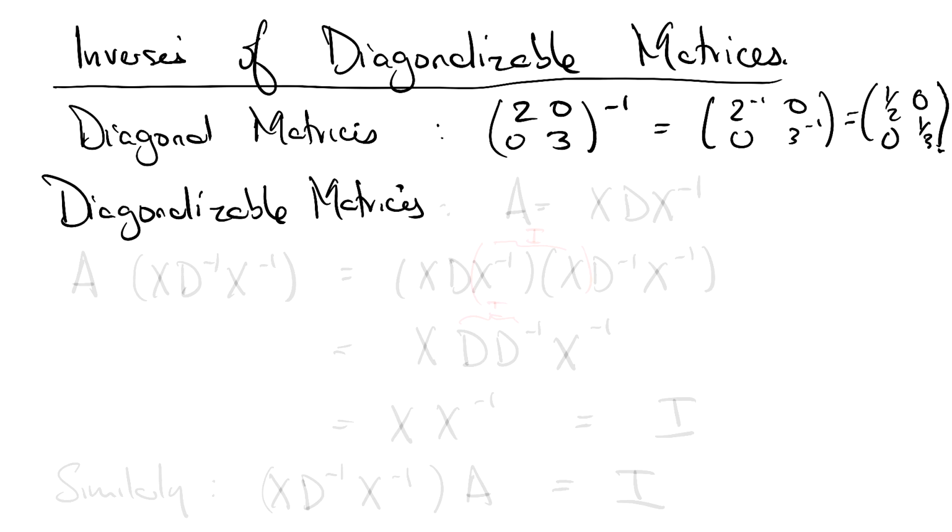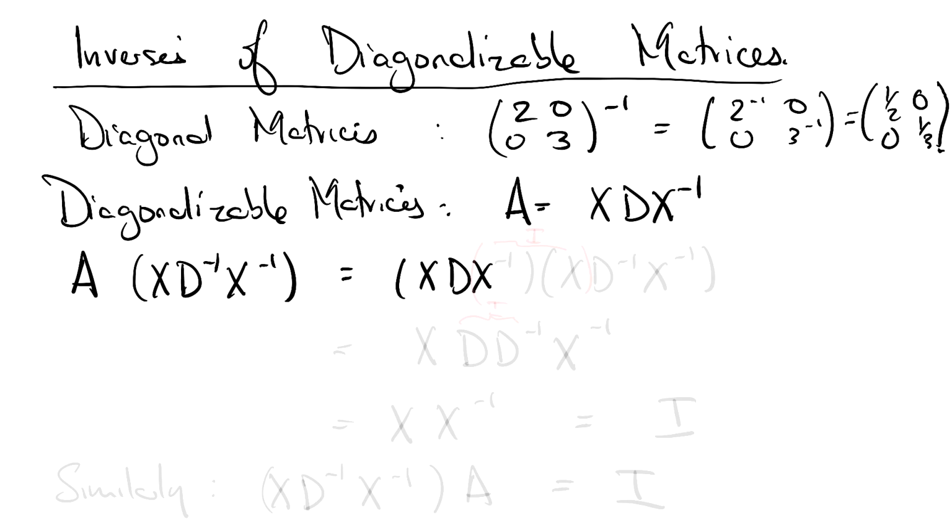So say, as usual, A is X D X inverse. All right? Here's what I want you to notice. What's A times X D inverse X inverse? Well, this is X D X inverse times X D inverse X inverse.